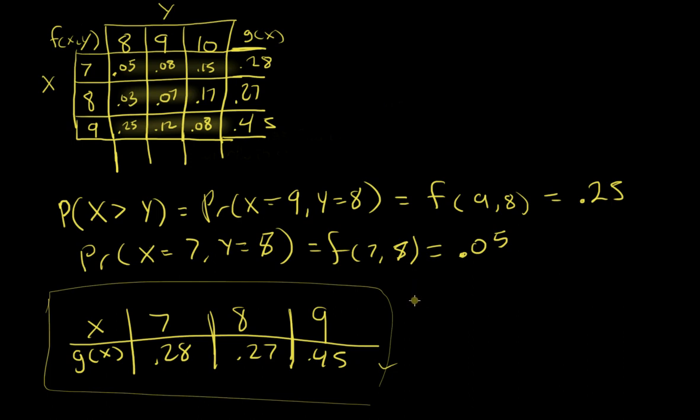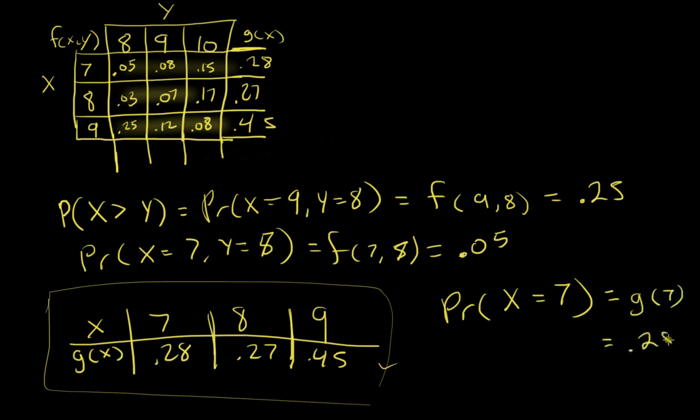All right, we should be able to calculate probabilities involving only x when we're provided with the joint probability distribution function, or probabilities involving only y when we're provided with the joint probability distribution function. So what about the probability x equals 7? What is that? Well, that is the marginal at 7, right?